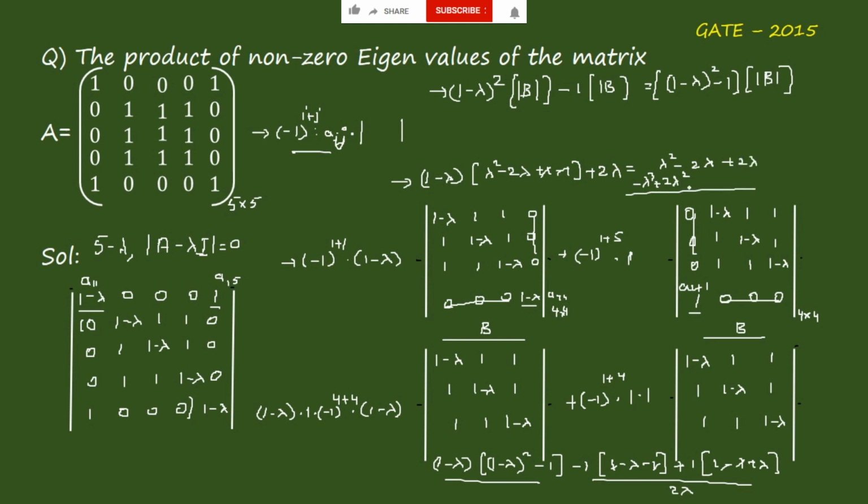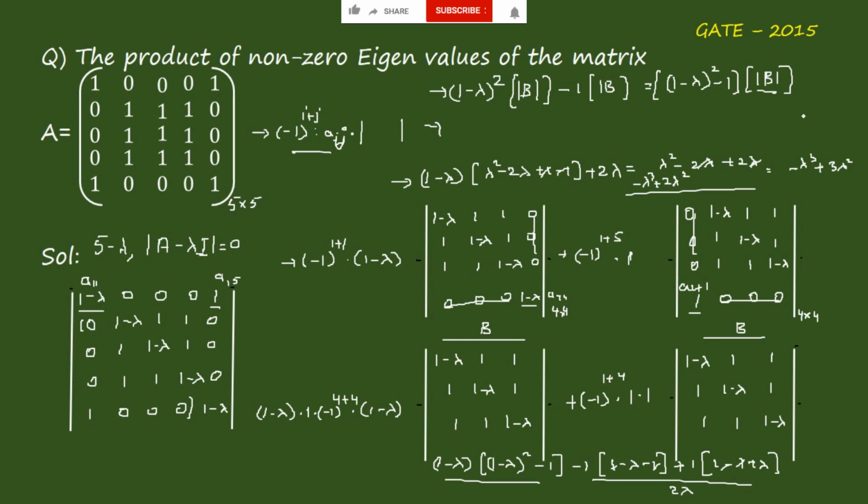So on substituting it, these two get cancelled, right? It becomes nothing but minus of lambda cube plus 3 lambda square, right? So this one we got as the B value.